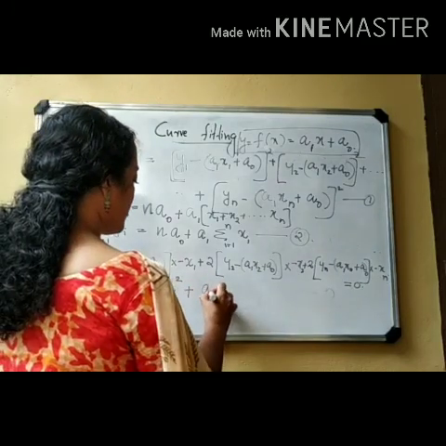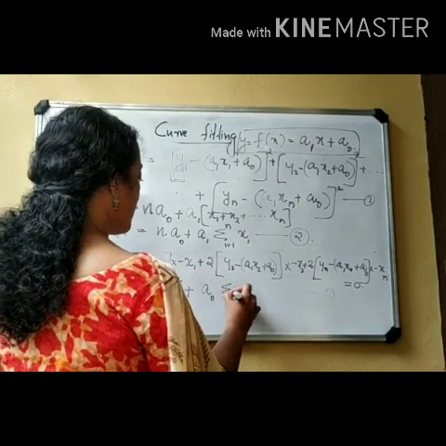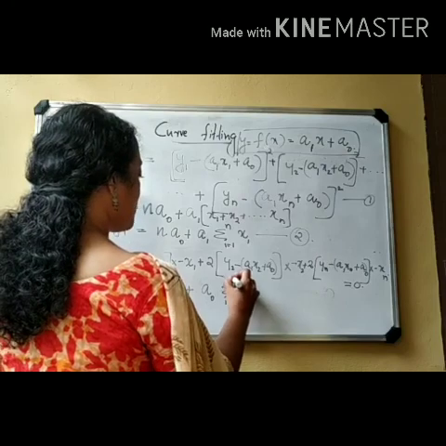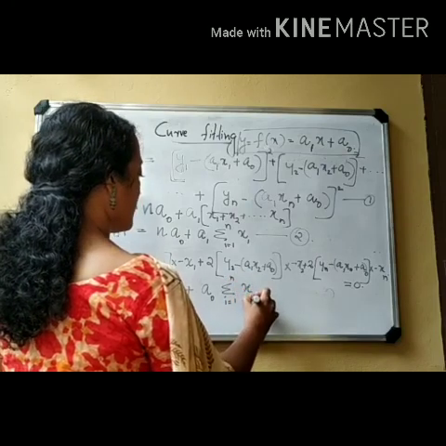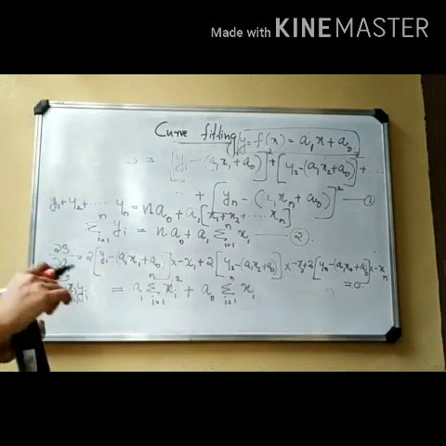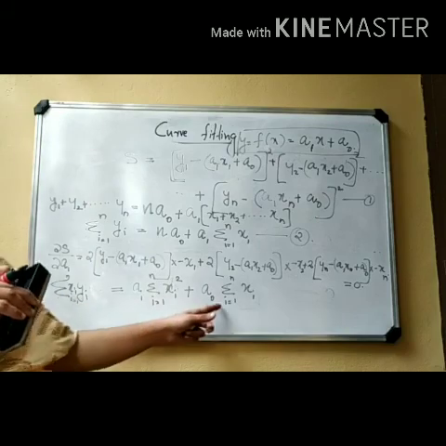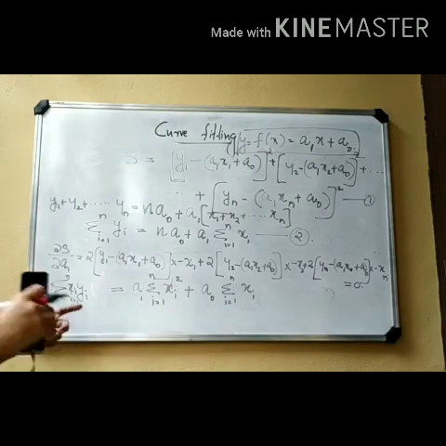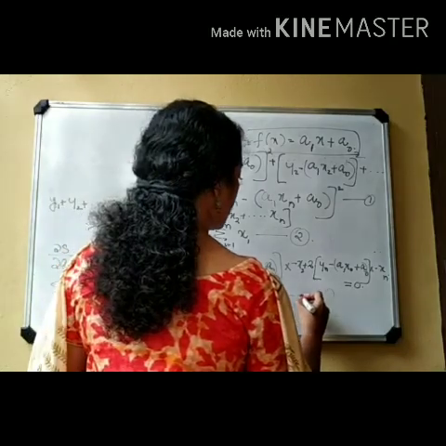So the next term is a0 sigma i equals 1 to n xi. So this may be marked as our equation number 3.